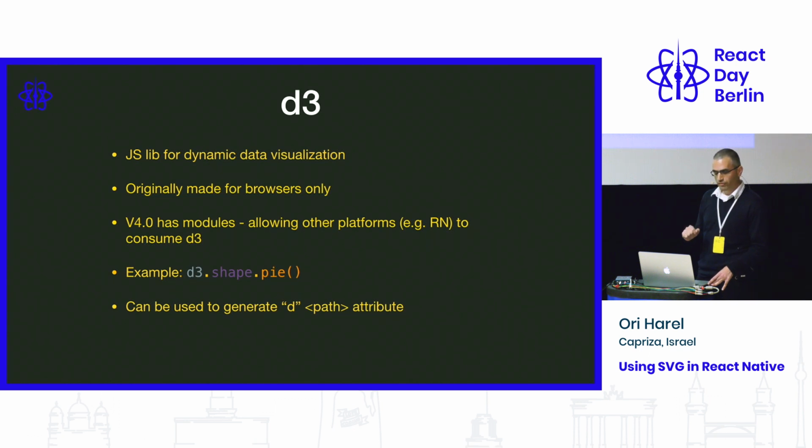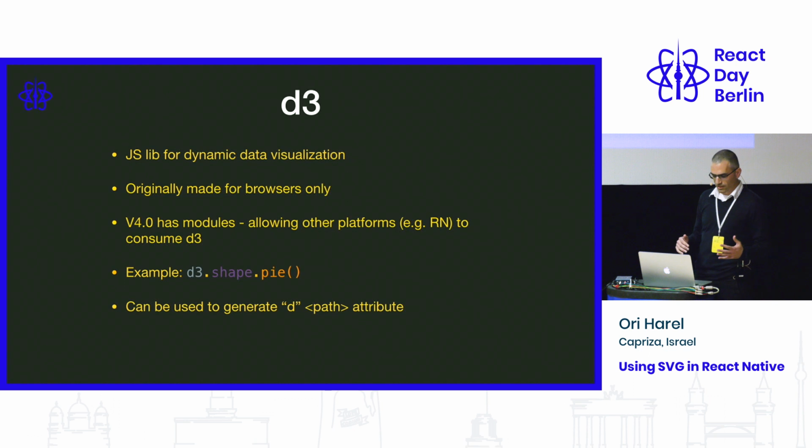But fortunately for us, version 4.0, which I think is not recent anymore, but it's there, separated it into different modules. Some of the modules just generate visualization data and are not dependent on any browser API.